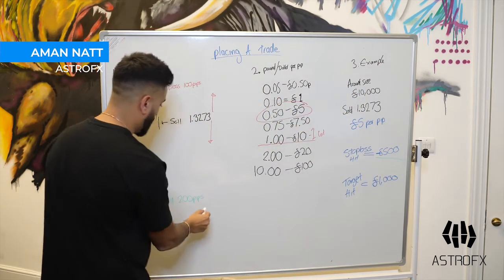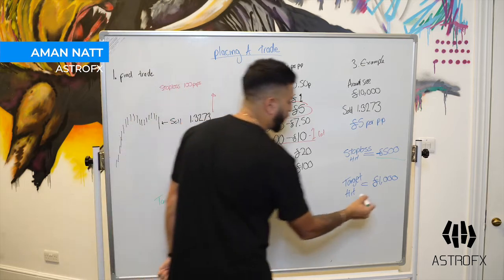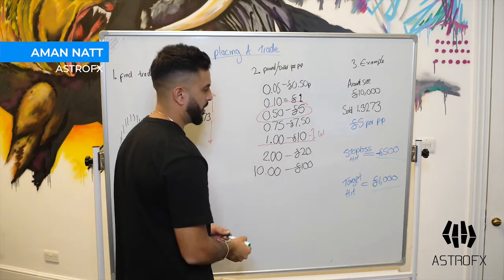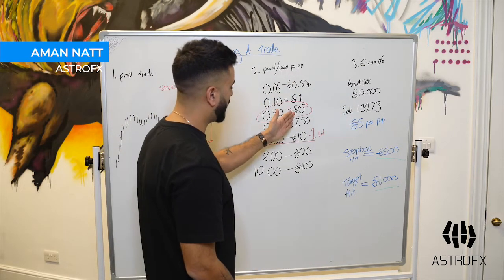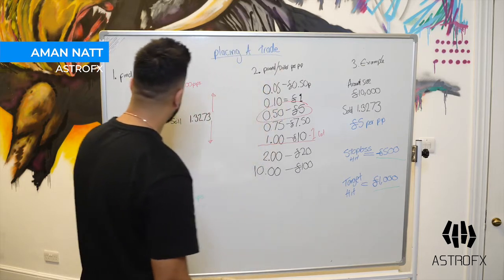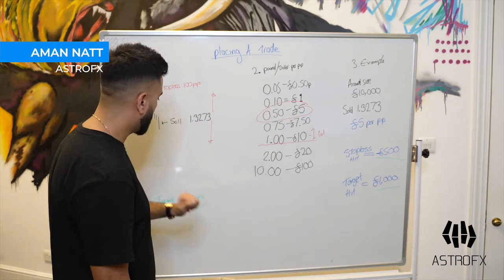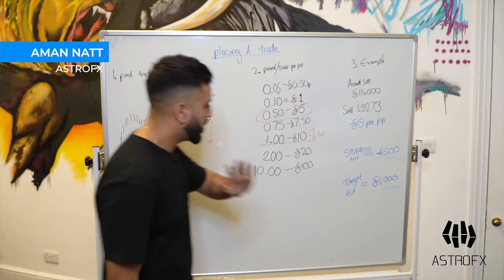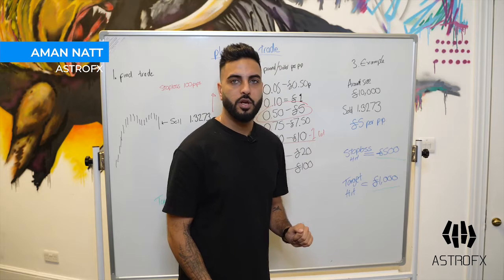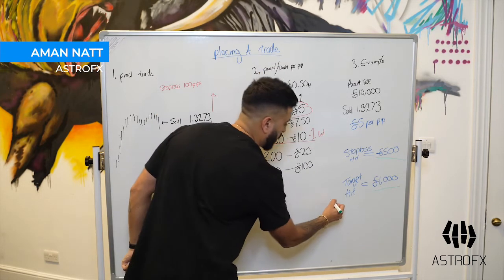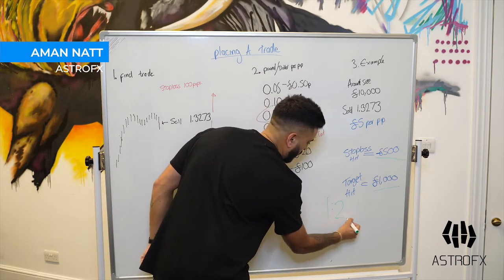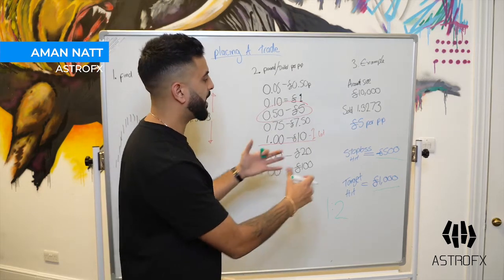If you hit your target of 200 pips, we're going to win £1,000. All we've done is take £5 times 100 to get your 500, and the same £5 times 200 pips to get that £1,000. So this is the risk to reward ratio of 1 to 2. We're risking 500 to gain 1,000.